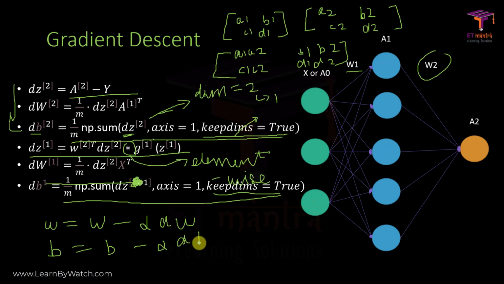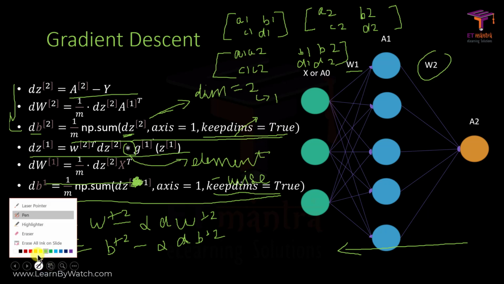So it would be like this, b equal to b minus alpha db, and we have to do this for all layers. So we have to do this first for omega 1 and b1, and then for omega 2, and similarly for b2. And if there are more layers, then we have to keep on repeating the process and update all the parameters. So this whole thing is known as one backward propagation. And actually what is happening is we are going backwards.